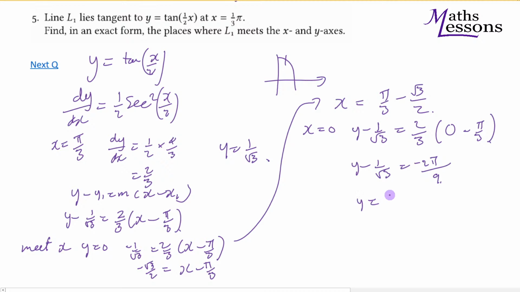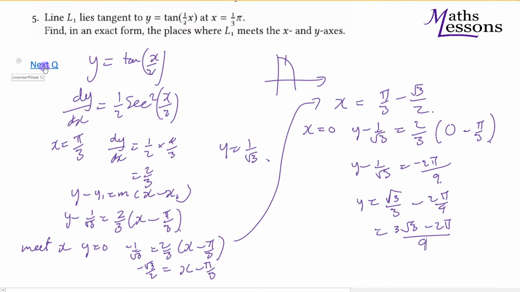So y will equal 1 over root 3, and you might prefer root 3 over 3 to 1 over root 3, minus 2 pi over 9. We could write this as a single fraction, times that by 3, divide by 9, and write 3 root 3 minus 2 pi over 9 if we wanted. So we found out where L1 meets the x-axis over here, and where it meets the y-axis over here.